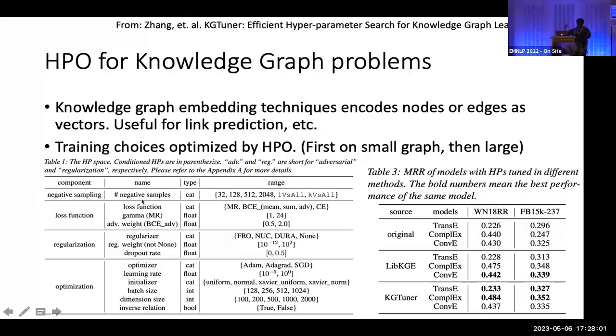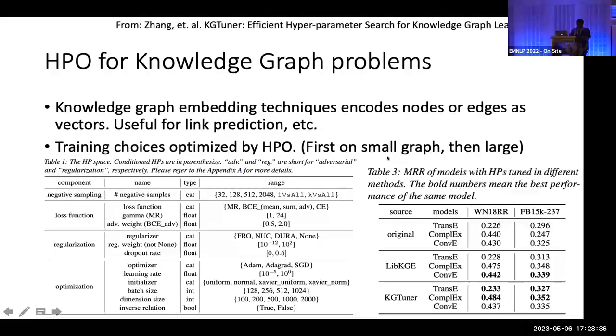When you're training a method on this graph, you usually want to sample, and you can think of how many negative samples you want, and that really affects the results. What loss function do you use? What regularizer to use? What's the optimization? So all these are optimizer style hyperparameters, nothing related to architecture, but these people found that it's worth it to do a smart search over this. And they showed that that could give them better results.